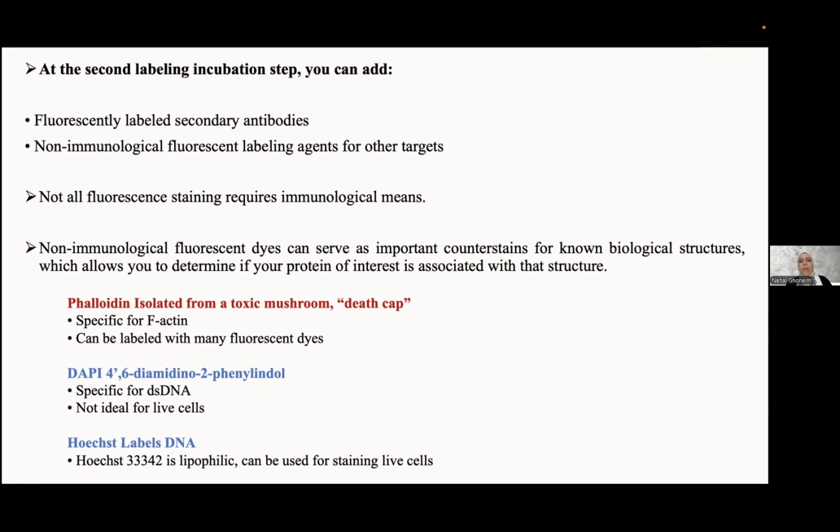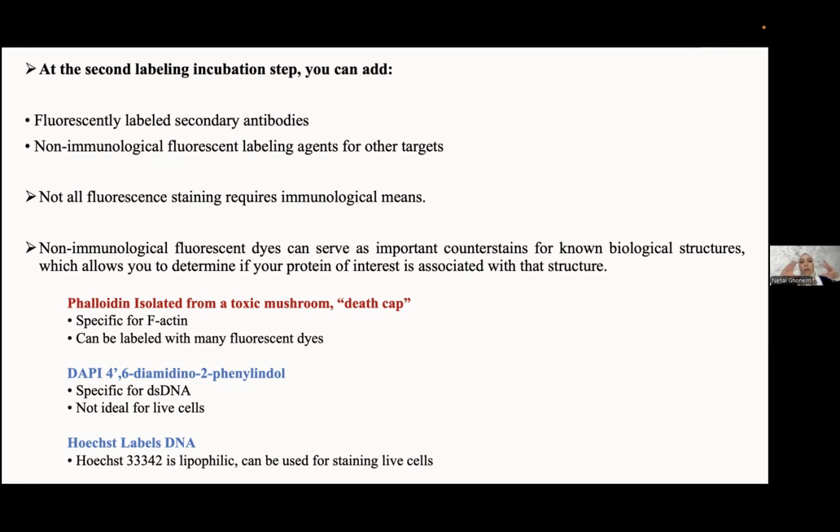Non-immunological fluorescent labeling agents like DAPI, Hoechst, or phalloidin serve as important counterstains for biological structures, which allows you to determine if a protein of interest is associated with the structure. They are not antibody based. They are stains that bind to specific structures inside our cells.